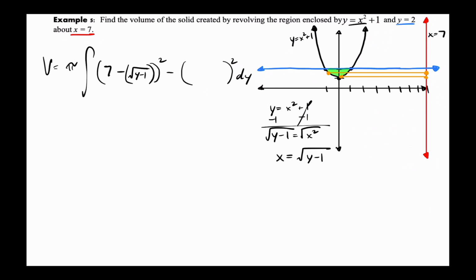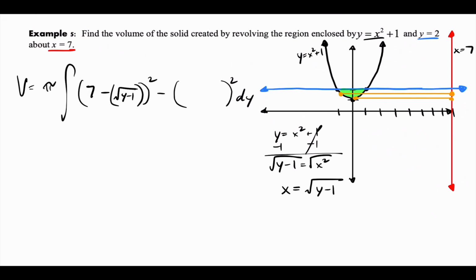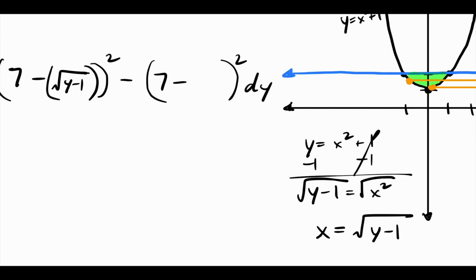So, right minus left. Which one is the right? For little r, 7 minus, which is the right? Or left, sorry. What should go here?